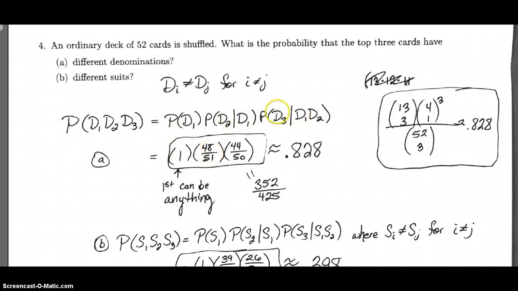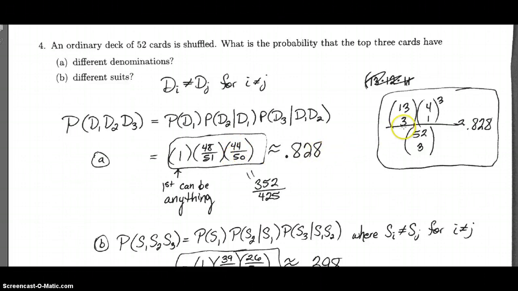Given those two, when we look at the probability of getting a new denomination on the third, we have 52 minus basically the 4 cards in that denomination and the 4 cards in this denomination, which is 8. So that gives us 52 minus 8 is 44 out of the 50 cards remaining. So we could calculate it directly like that.